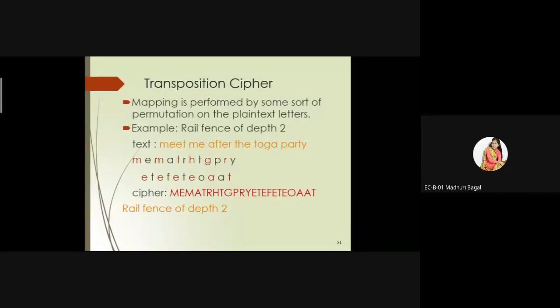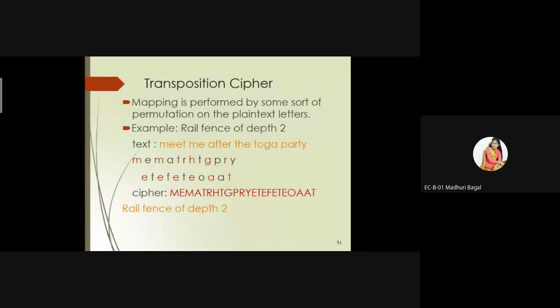When we go with a substitution technique, every time we have to count the letters. In a Caesar cipher we count the third letter. In a Playfair cipher, we have to arrange the letters in a particular 5 by 5 matrix.